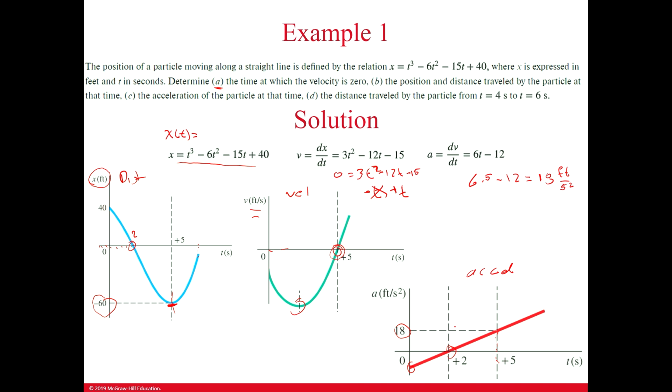Interesting. Okay. All right. So in the same way that the local minimum in this plot is the change of sign in velocity, this local minimum of velocity is the change of direction, the change of sign in acceleration.